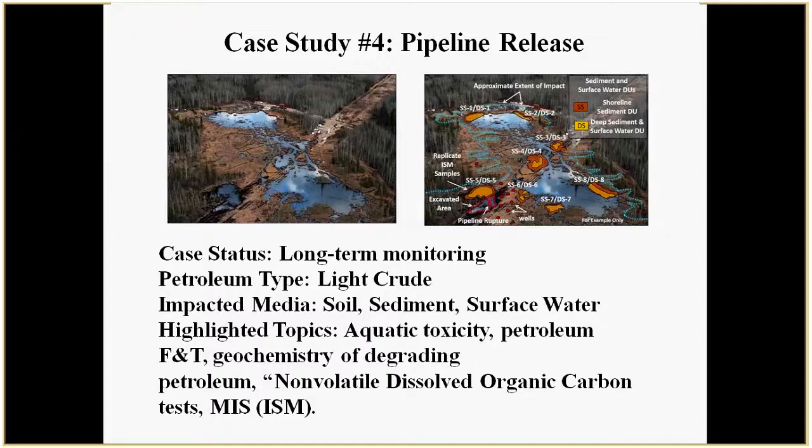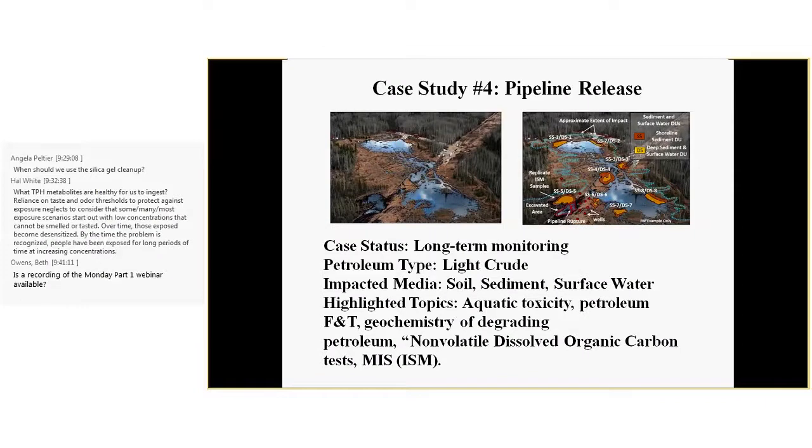They also use non-volatile dissolved organic carbon tests, or really total organic carbon, but it's not volatile, to monitor the groundwater plume. That's kind of tricky because there's already naturally high organic carbon in the groundwater, so you have to have a good idea of background, but it's very useful and something I think our office will look to in the future for trying to map out petroleum plumes in groundwater, just because the standard TPH test for hydrocarbons for groundwater aren't really reliable.